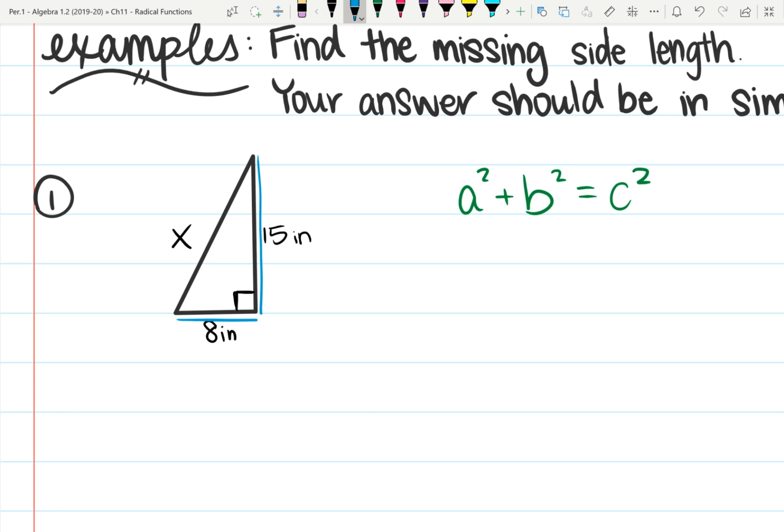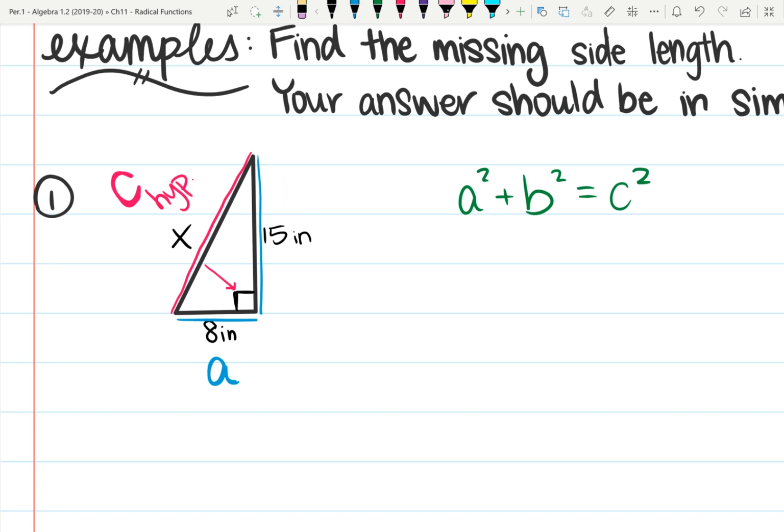And remember, the legs are A and B. And the hypotenuse, and I know it's the hypotenuse because it's opposite of the right angle, this is the hypotenuse. I'll abbreviate hypotenuse. But remember, we used the variable C to represent the hypotenuse. So we've got the legs A and B, and then the hypotenuse is C.